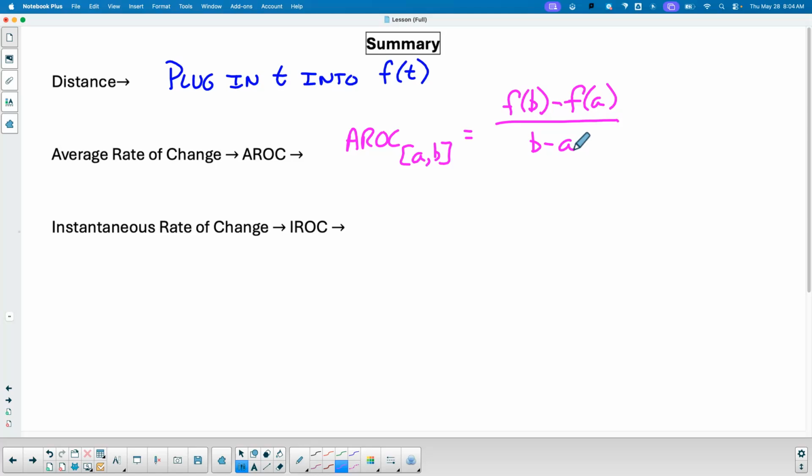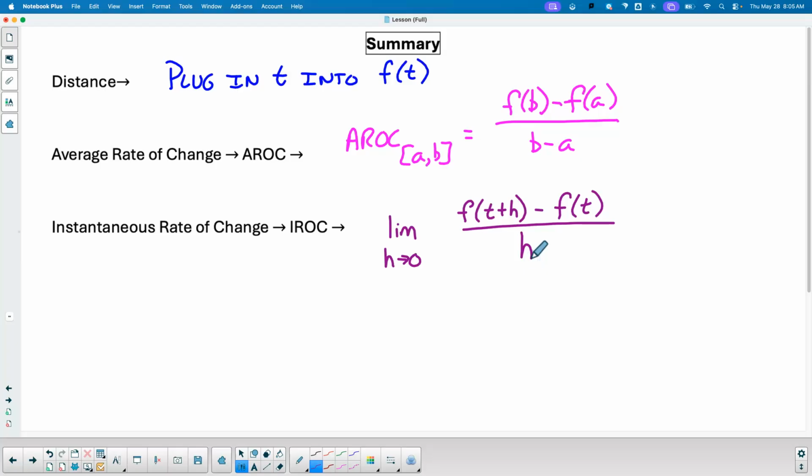And if I'm going to find the IROC, then that's going to be the limit as h approaches 0 of f of t plus h minus f of t all over h.